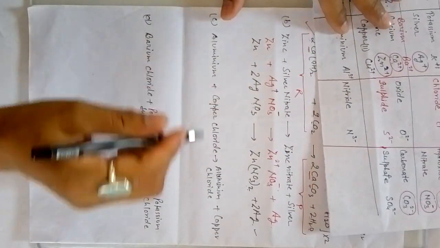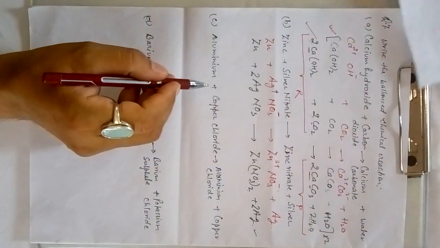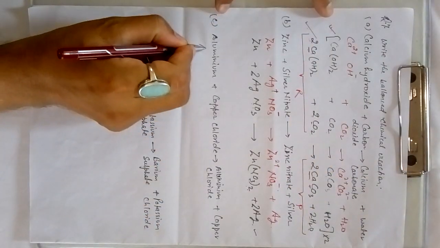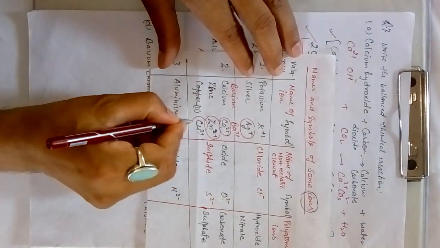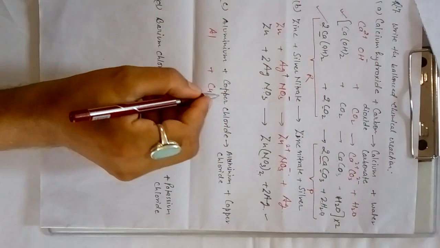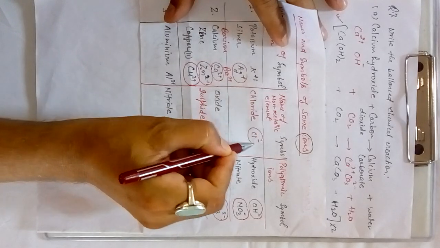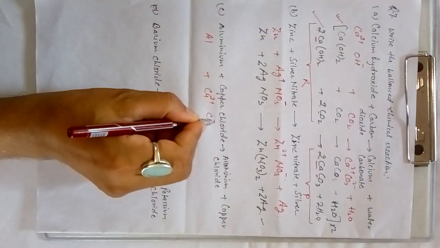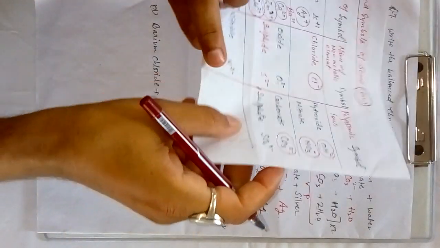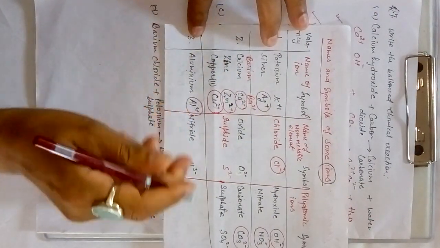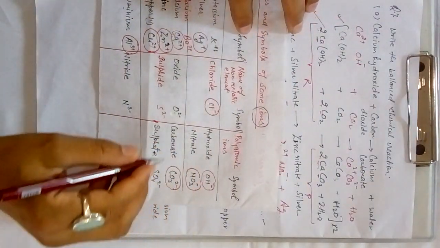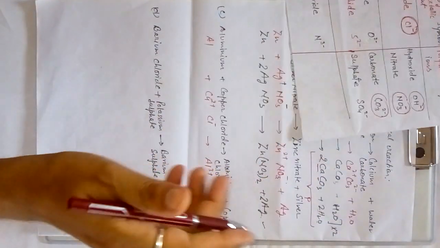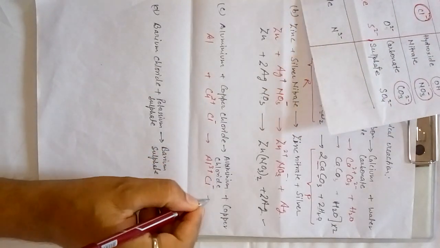Next you can see aluminium plus copper chloride, Al plus copper, Cu2+, here is copper, Cu2+, chloride Cl-, you can see here this is the Cl-, gives aluminium chloride, here you can see aluminium Al3+, Al3+ chloride, this is the chloride ion, Cl-, plus copper, Cu.